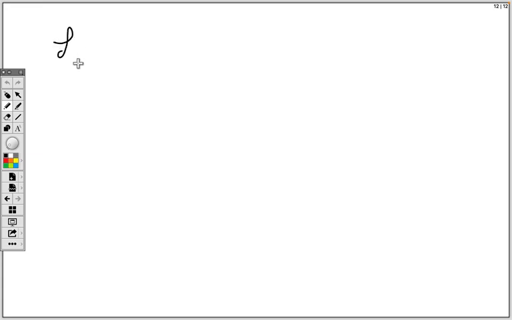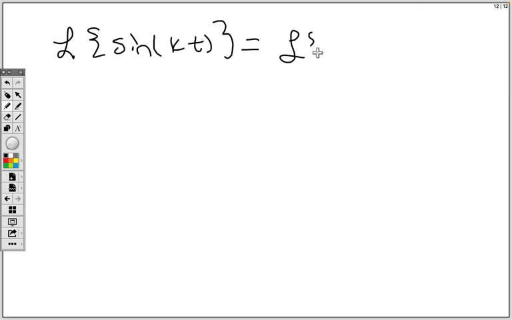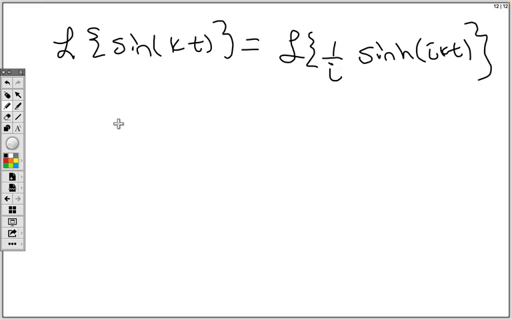And similarly, you can show using Euler's formula that if you want the Laplace of sine of kt, that's the Laplace of, it's not quite sinh of ikt. There's a 1 over i that you need. So linearity, once again, we're playing a little fast and loose. We've got these non-real constants, but they behave the same as real constants.